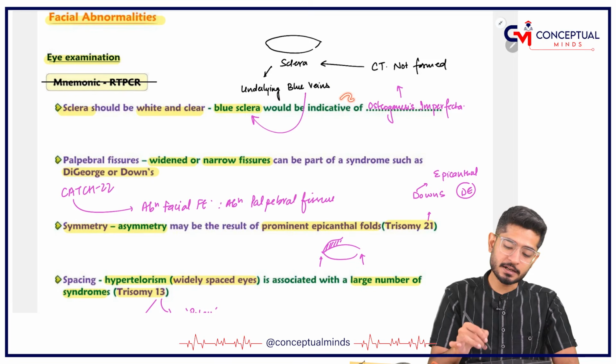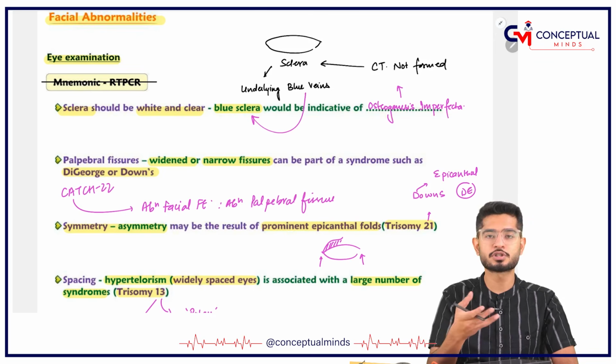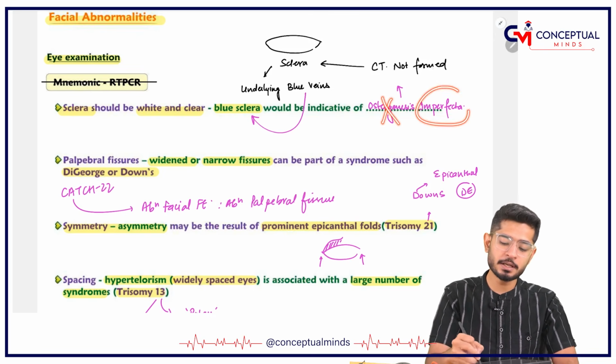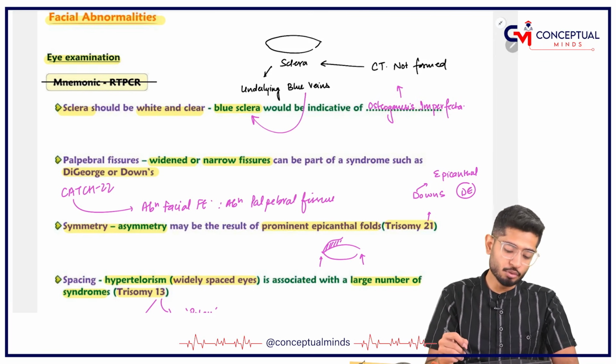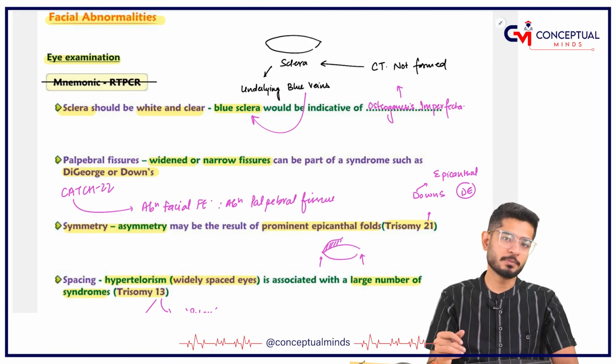This is seen when the connective tissue is not formed properly, and the condition is osteogenesis imperfecta. If the connective tissue is not formed properly, there will be osteogenesis imperfecta, and that leads to blue sclera, because the underlying blue veins will be visible.